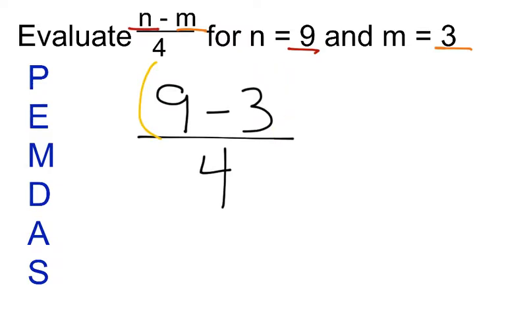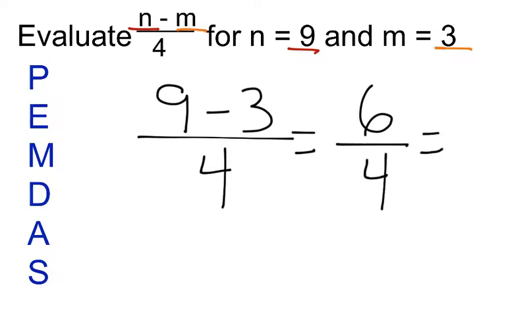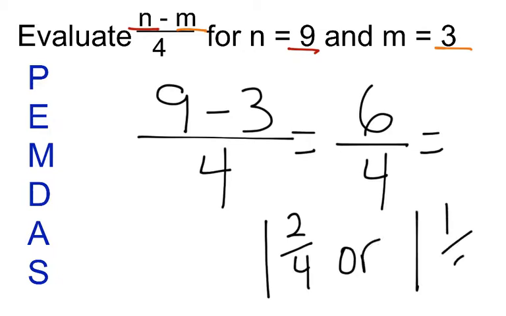So don't forget that. So 9 minus 3 is 6, and 6 divided by 4 can be reduced. There's one group of 4 in 6, so that would be 1, remainder 2/4, or 1 1/2.